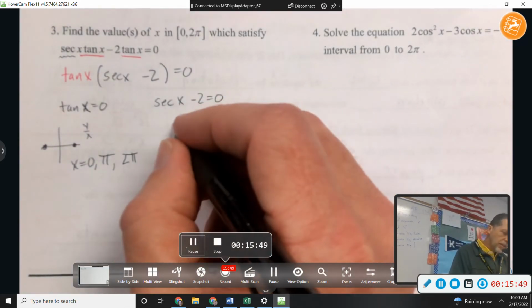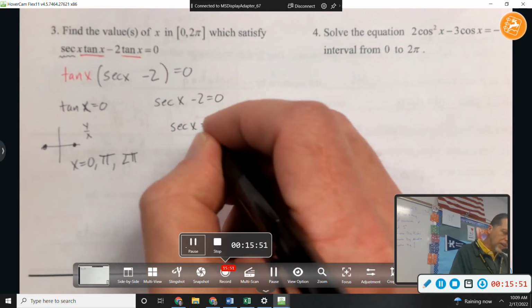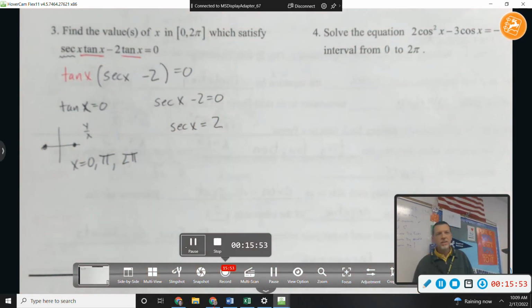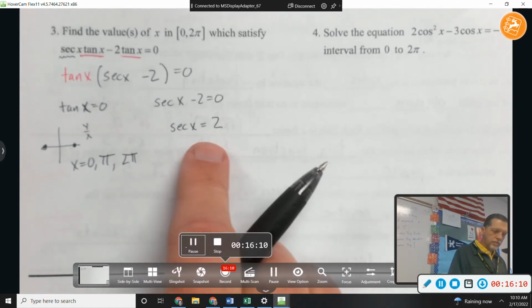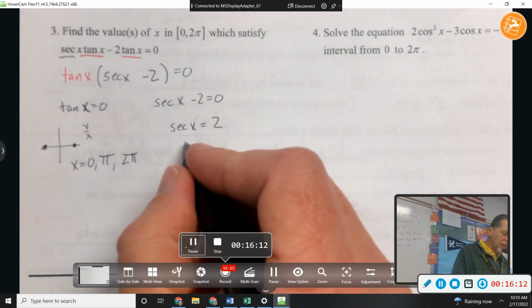On the other piece of the problem, secant of x equals 2. Now, Tyler, how do you want to fix secant? You're right, we want to do something to that. So it's related to cosine, yes. There's a couple ways to do it.